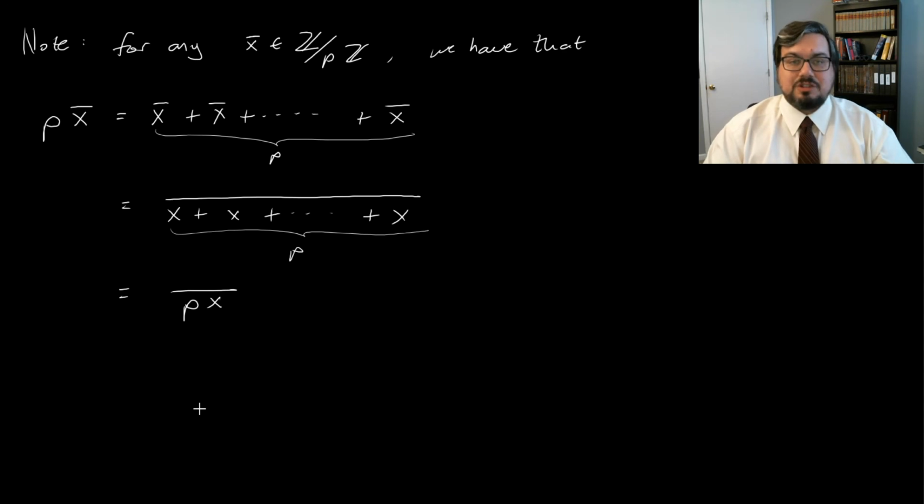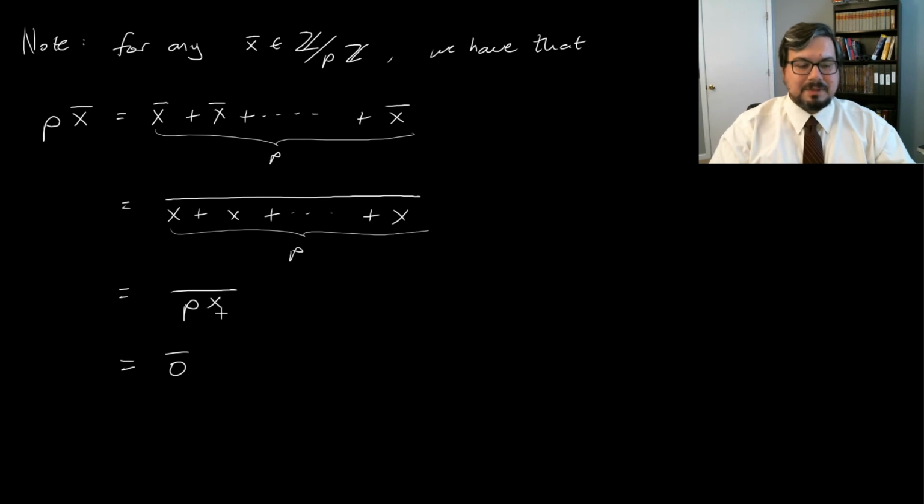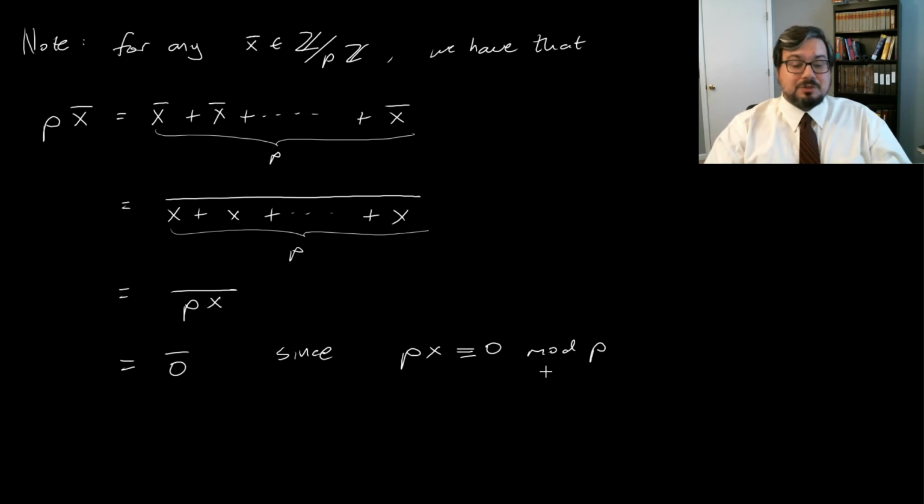And so when using the notation that we just had, the integer outside describing the n-fold sum can actually be pulled inside the notation here. However, you'll notice that this element px is equal to 0. That's because px minus 0 is divisible by p, and remember that two things are equivalent modulo p if their difference is divisible by p.